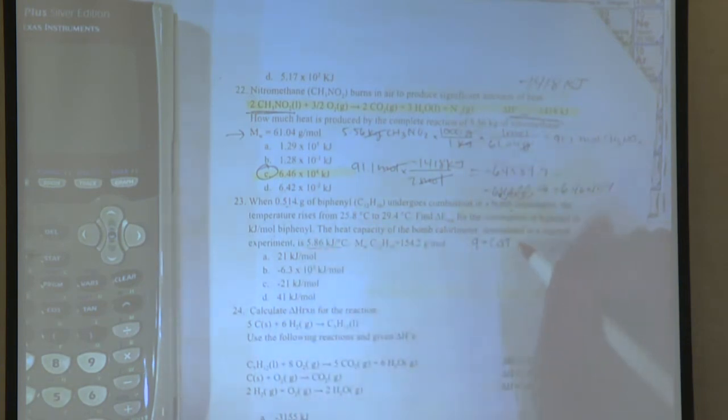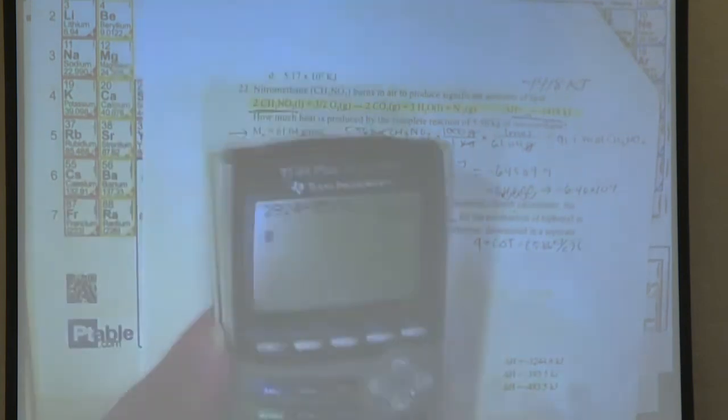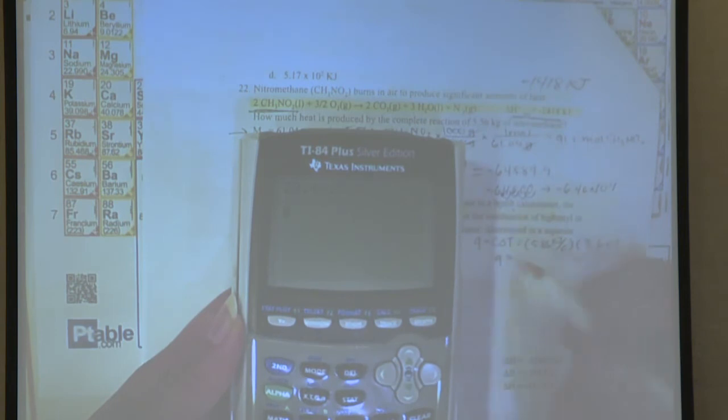So Q is going to be equal to 5.86 kilojoules per Celsius, and our change in temperature is final minus initial, right? So 29.4 minus 25.8 gives us 3.6 degrees Celsius.